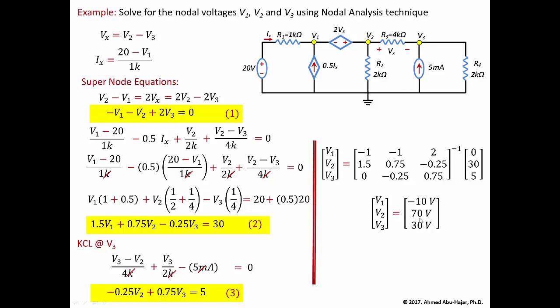So this is a very good problem. It's a typical exam problem in my class where I ask you to solve for the nodal voltages. You have a supernode and you have two dependent sources in the circuit. And usually I will ask you to solve for a current somewhere in the circuit also.